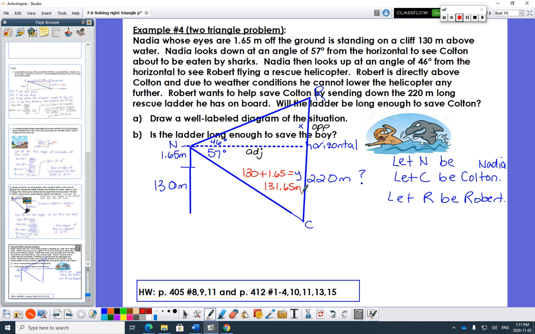So now I'm going to solve for the adjacent or the horizontal length first. When you do these problems, there has to be a common side, okay? So like this one, the horizontal is the same in both triangles. So now if I do 57, this is opposite.